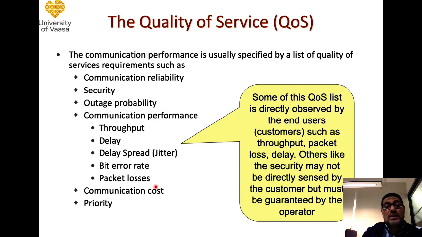Communication cost. The cost of communication is also important. Of course, it is not easy to buy a whole or full satellite system for a certain small application, because this will be very costly.